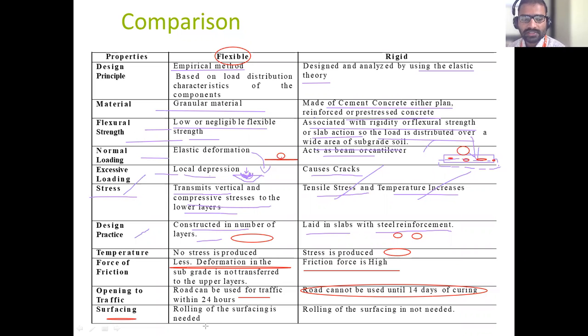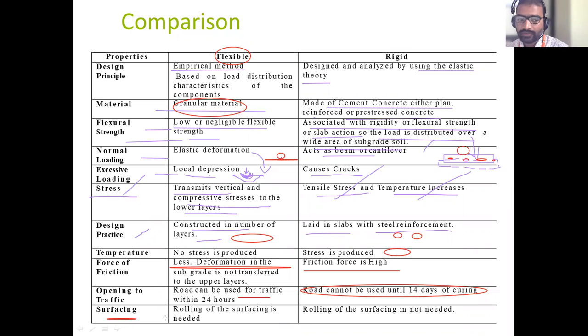Next, surfacing. Rolling of the surfacing is needed in flexible pavement. Rolling of the surfacing is not needed in rigid pavement. See, rolling means, after construction of the road, as there are granular materials, these should get compacted. How are they compacted? Whether a tamping rod or rollers will be used to compact. Rollers. After the material is laid, rollers will be brought, and through the rollers the materials get compacted.